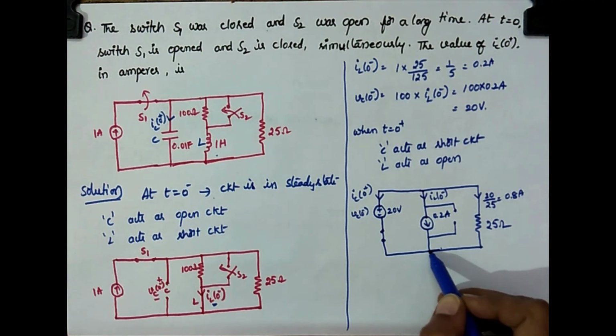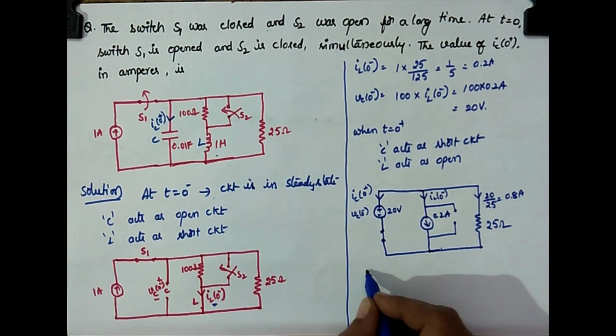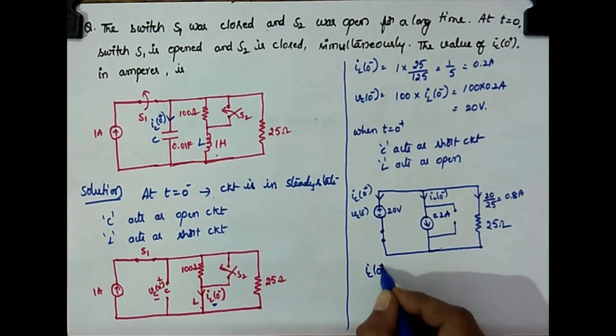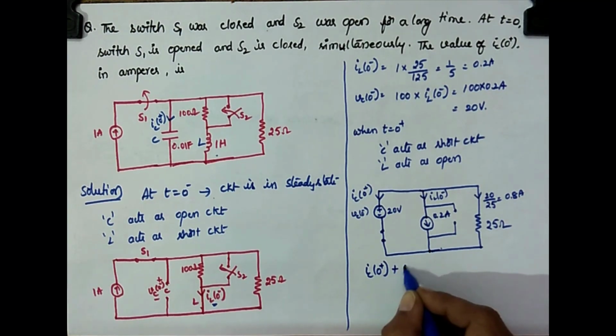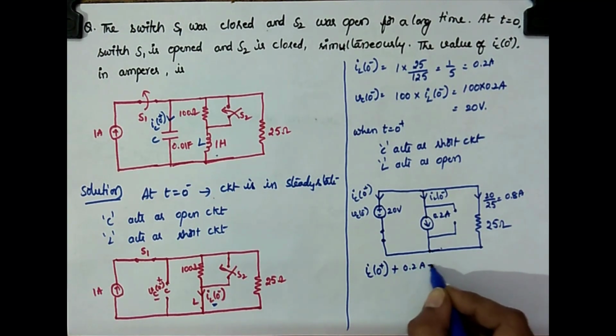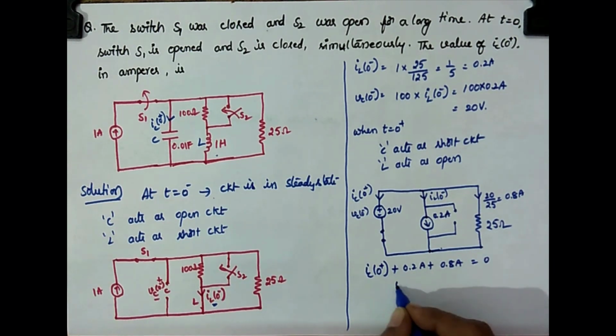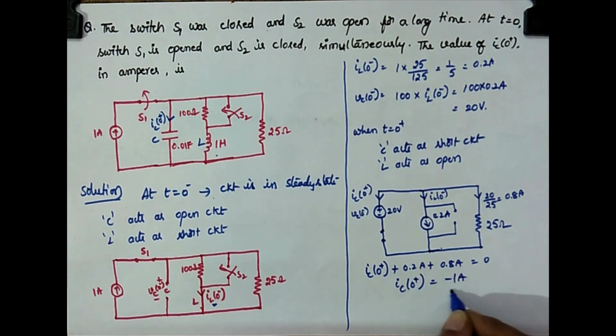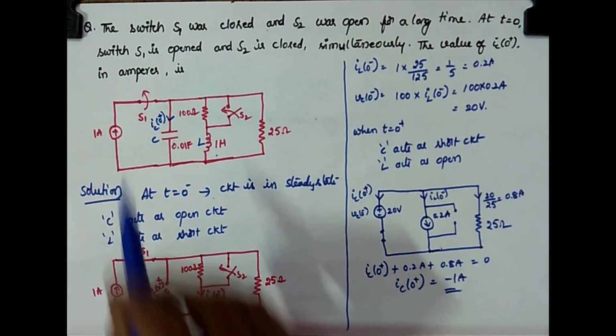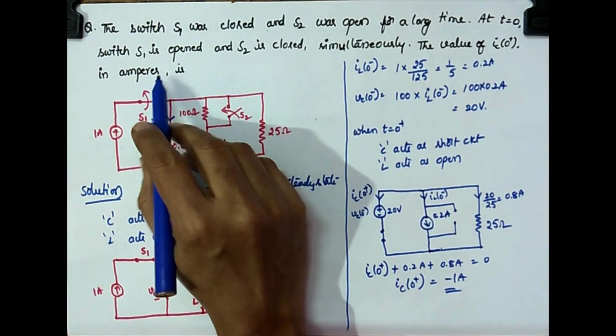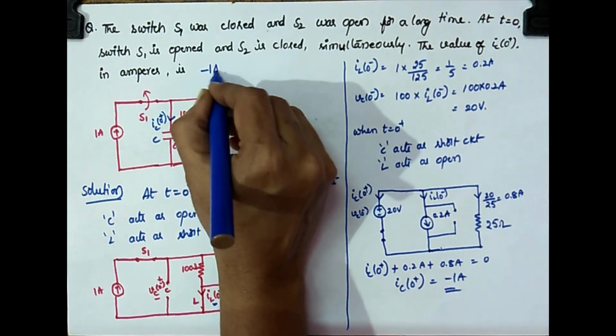If you apply KCL here, IC(0+) plus 0.2 amperes plus 0.8 amperes is equal to 0. Therefore IC(0+) is minus 1 ampere. So the value of IC(0+) in amperes is minus 1 ampere.